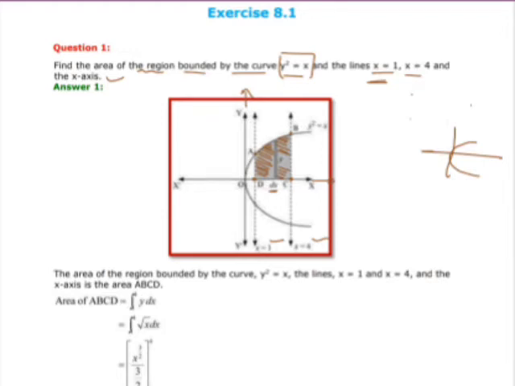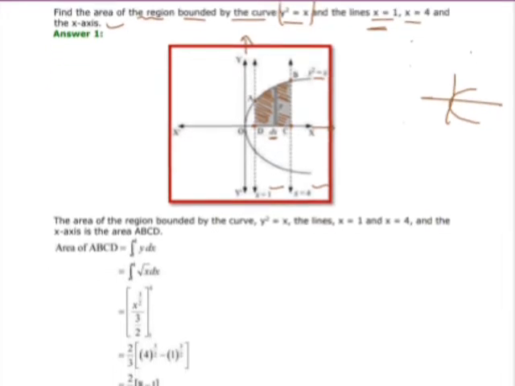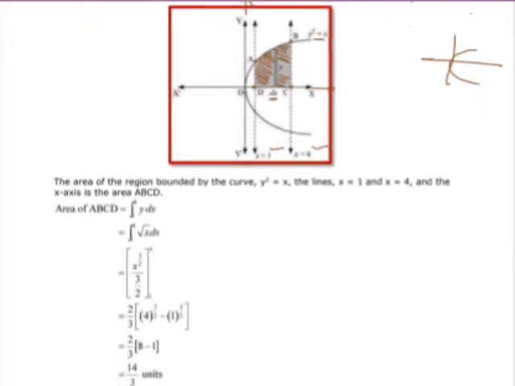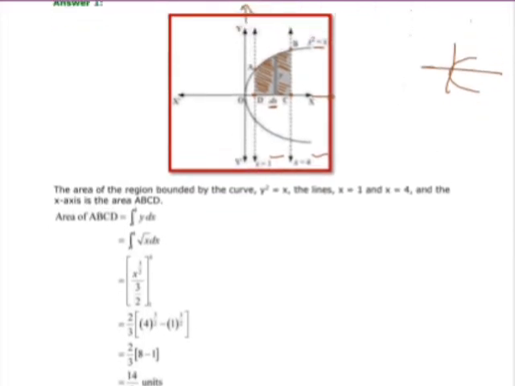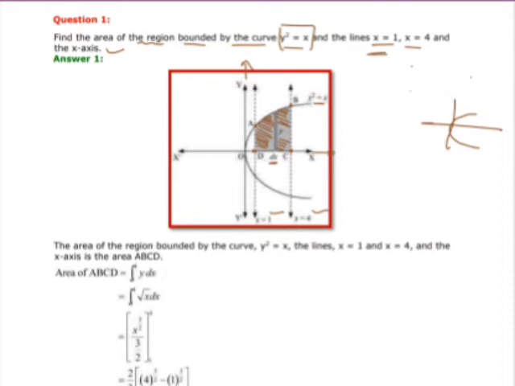Now the curve is y square equals x. So now we have to find the area under this curve. So let's see, the area of the region bounded by the curve y square equals x and the lines x equals 1 and x equals 4 and the x-axis is the area ABCD.